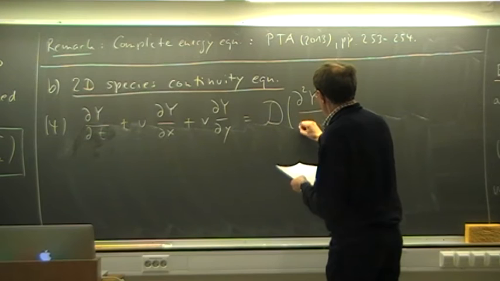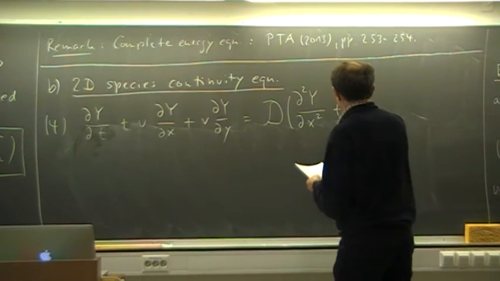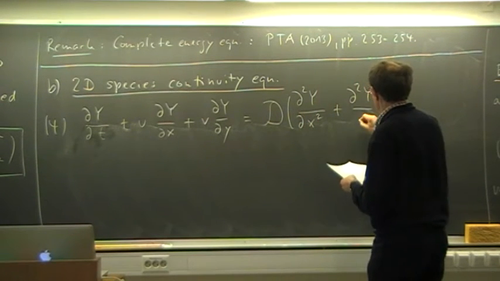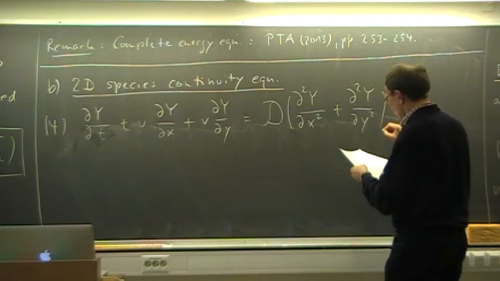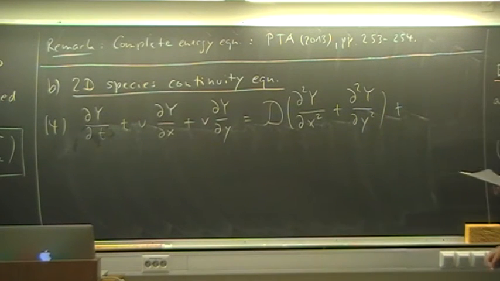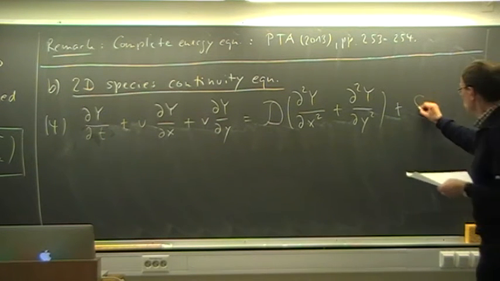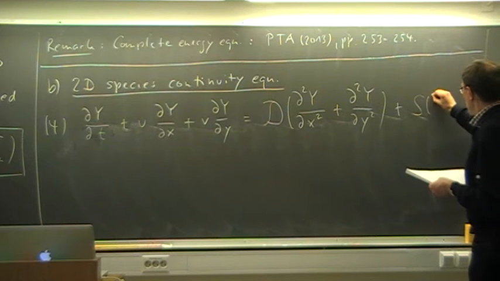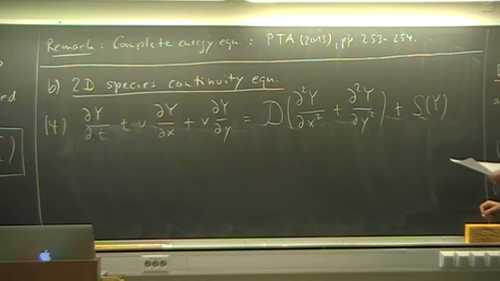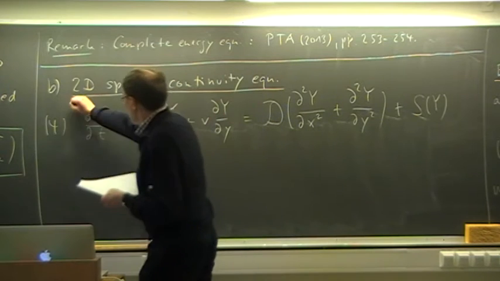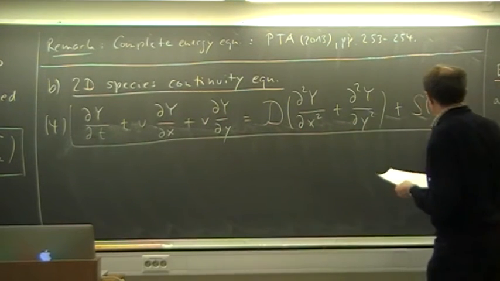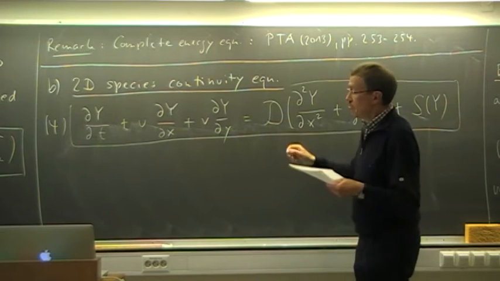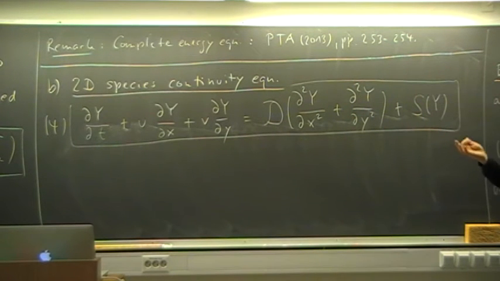And then we have the second derivative of the mass fraction with respect to x, and the second derivative of the mass fraction with respect to y. But if we have reactions, we usually have also a source term, denoted by s of y. So if we have, for example, 5 species, we would have 5 of those species continuity equations, one for each of them.